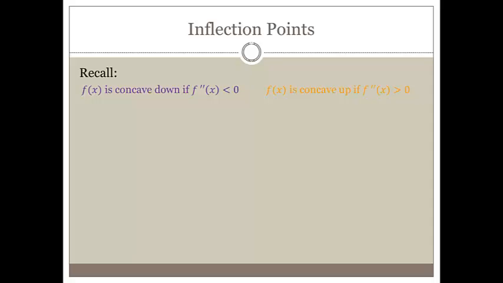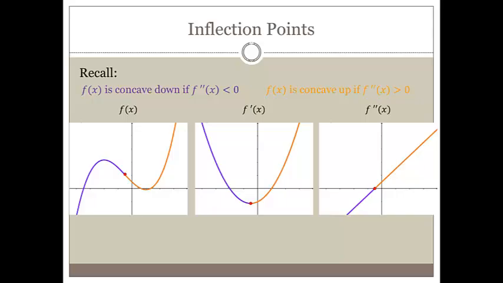Let's now visualize this by looking at the graphs of f of x, f prime of x, and f double prime of x. Notice on the left-hand side of the graph of f of x, the function is concave down. Remember that our first definition of concave down was that a function is concave down if its rate of change is decreasing.